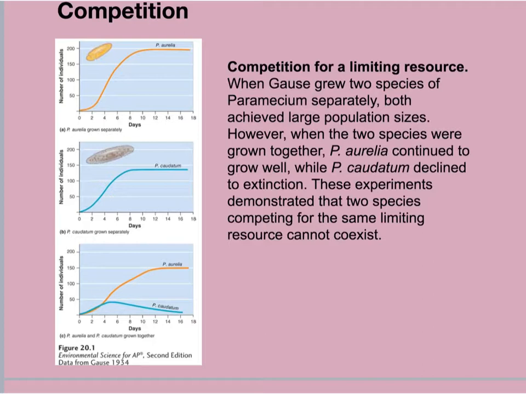But when he grew them together, one of them continued to grow well, while the other species declined and eventually became extinct in the container. And so these experiments demonstrated that two species competing for the same limiting resource cannot coexist.